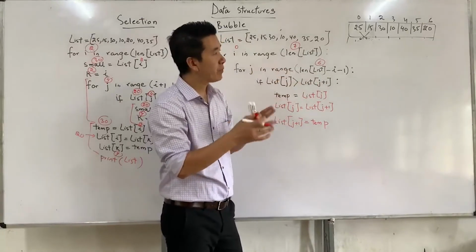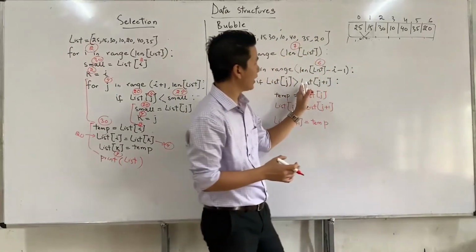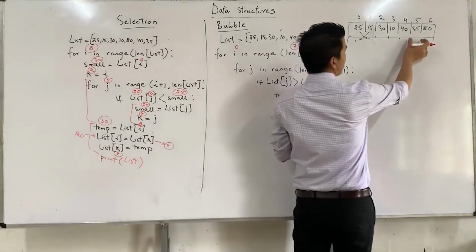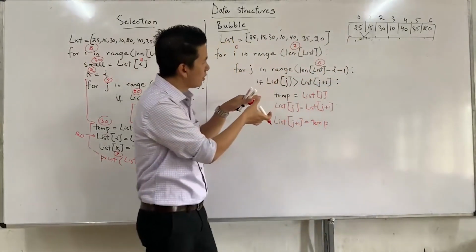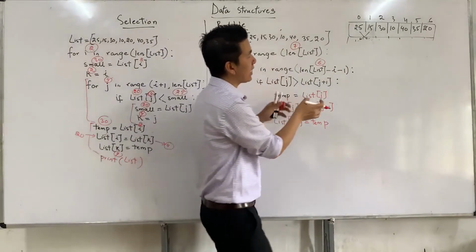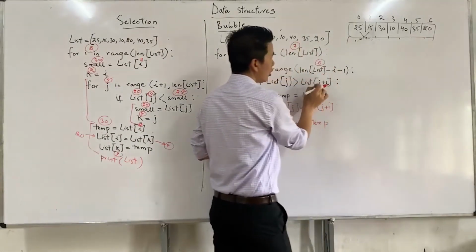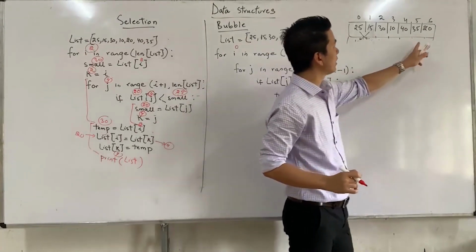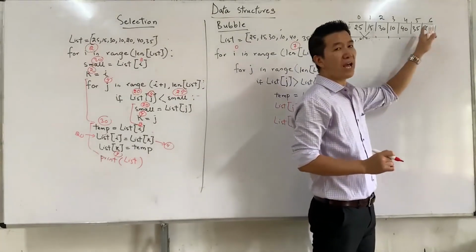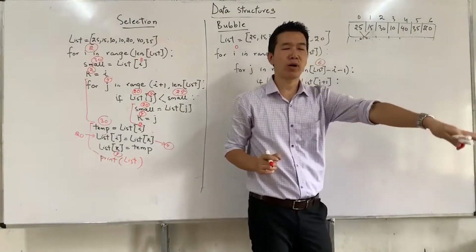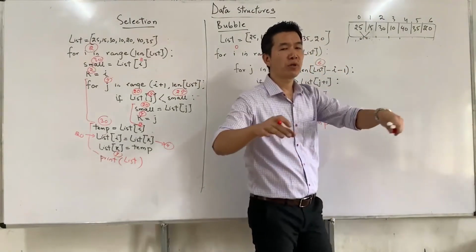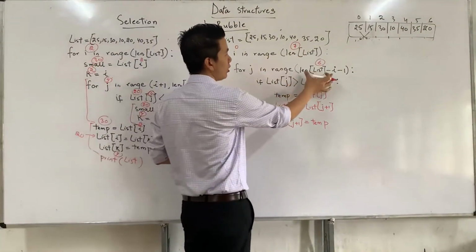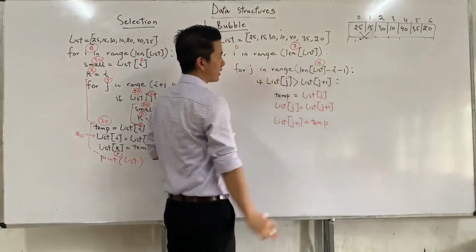The inner cycle stops exactly at the 5th one. If you do not write this, it will continue till this point, and then you don't have any value as j plus 1, and that's when Python will report an error. So as of now, the limit of j will be 6.